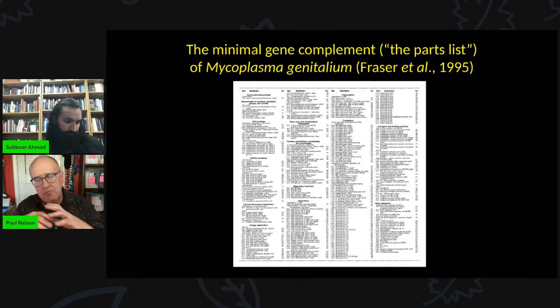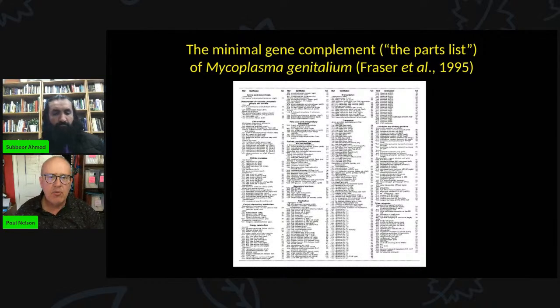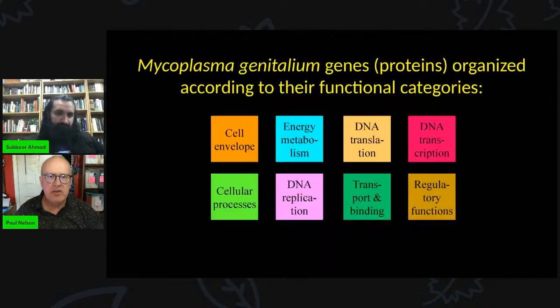And they did the sensible thing. They broke down the parts list in terms of basic functional groups. So I realize you can't read this, but what this represents are proteins organized according to functional process. So this very large list of proteins here, these are all the proteins that go into making up the ribosome itself. Here's an easier way to see it.